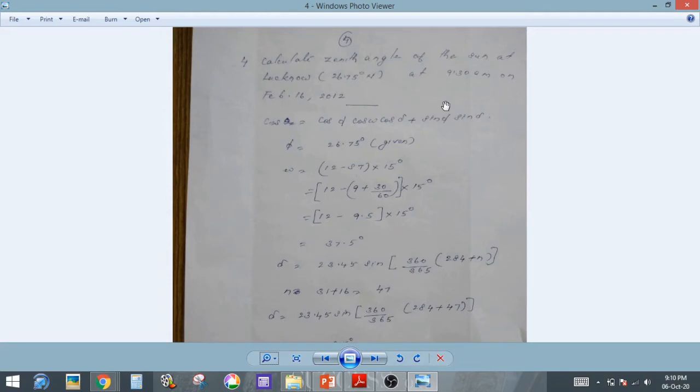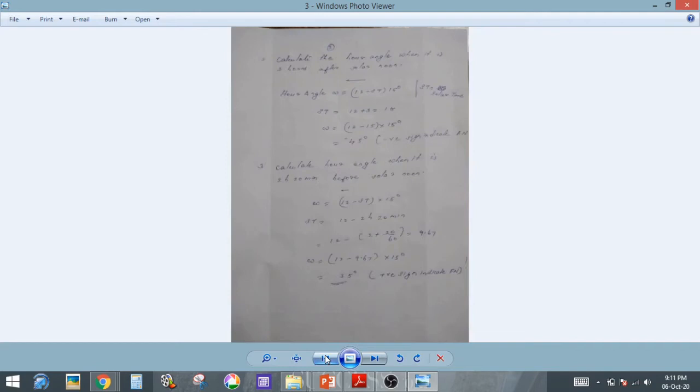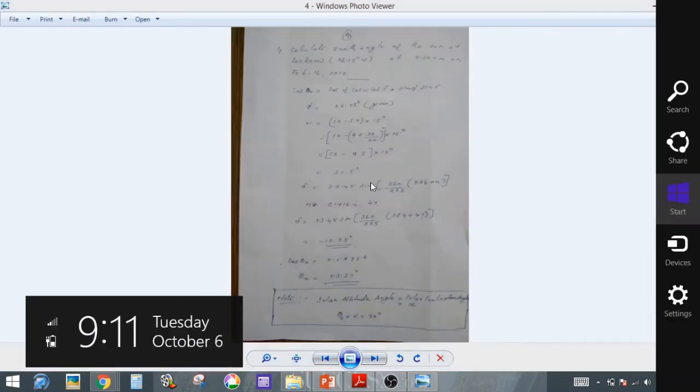Solar time is 9:30 a.m. In the earlier case, we have calculated the solar time. Similarly, we can calculate the solar time in this case also. And when we substitute in the equation for omega, we will get the answer as 37.5 degree.